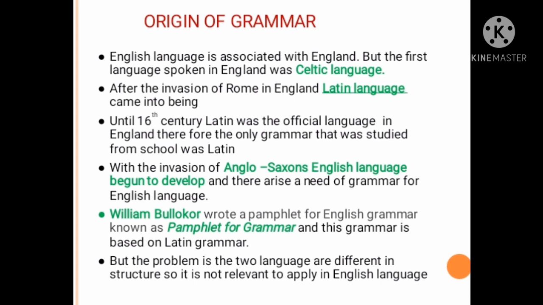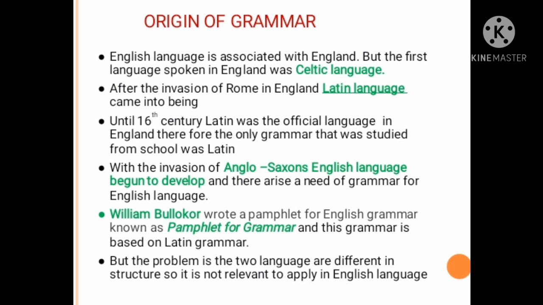We all know that the English language is associated with England, but are you sure that the first language spoken in England was English? If you think so, it is wrong, because the first spoken language in England was the Celtic language. Then came the Latin language after the invasion of Rome in England.